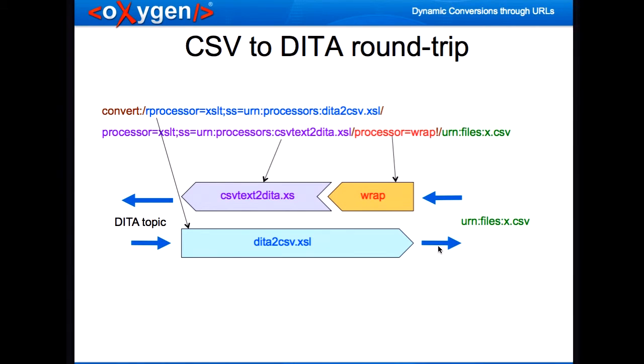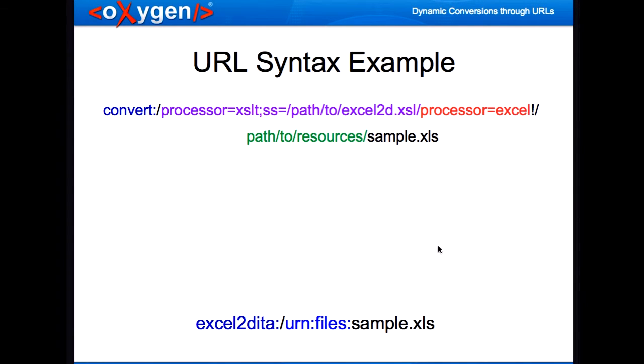And for that, we have this R processor equals, that specifies the reverse conversion, which applies this DITA to CSV comma-separated values XSL style sheet. And how do you get from the convert blah, blah, blah to the simplified form? Again, the XML catalogs.